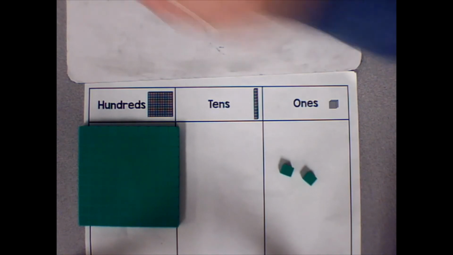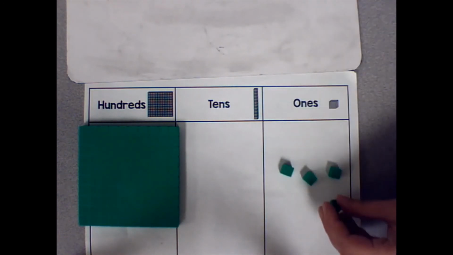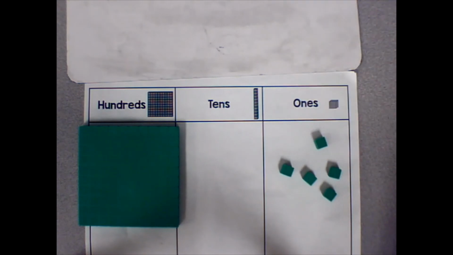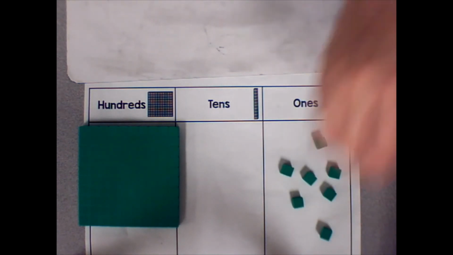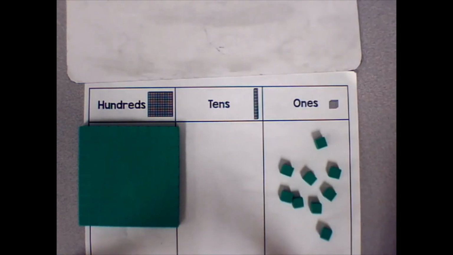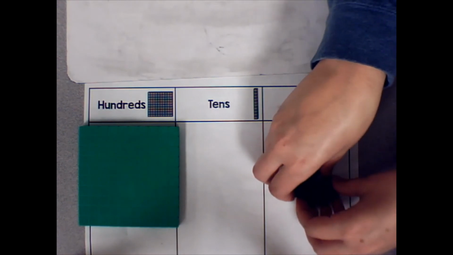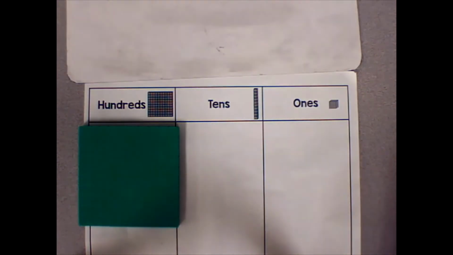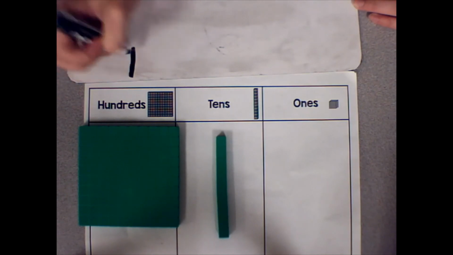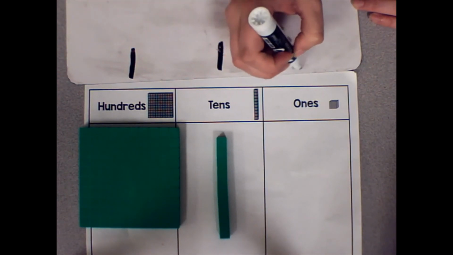If you keep going, I have 103, 104, 105, 106, 107, 108, 109, 110, but now I have 10 of these, so I'm going to bundle them together and move them to the tens place. So now I have 1 hundred, 1 ten, and 0 ones.